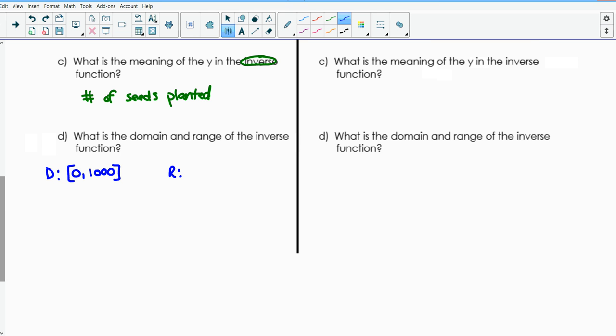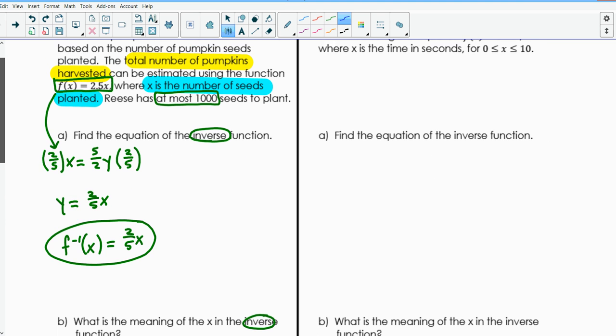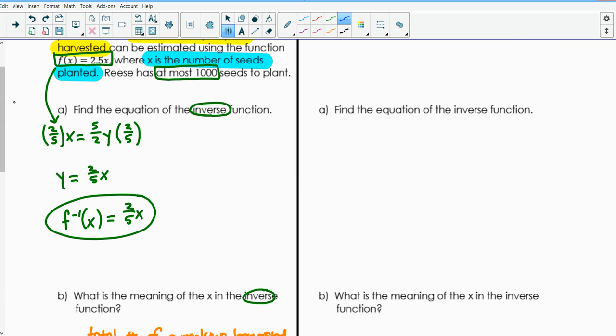Okay, now the range is talking about the total number of pumpkins harvested, but the total number of pumpkins harvested is going to be based off the number of seeds. So if x is 0, 2.5 times 0 is 0. So if she plants 0 seeds, she gets 0 plants. Should make sense. If she plants 1,000 seeds, then notice up here it's 1,000 times 2.5.